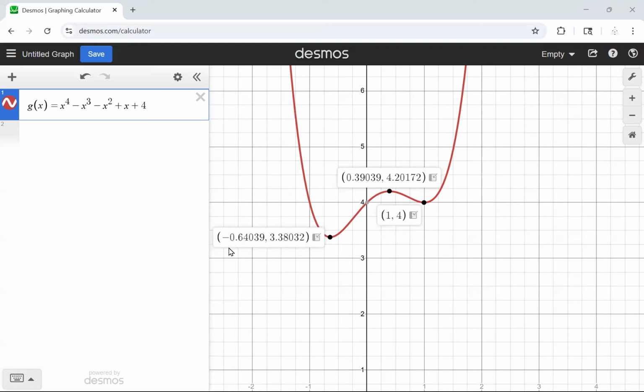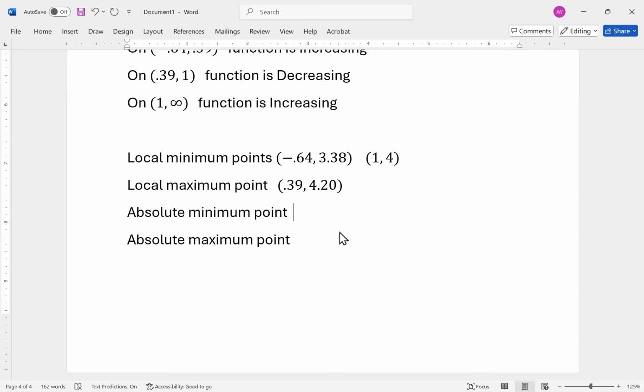It's at this point of negative 0.64, comma 3.38. Let me write that down as well. As stated, the absolute minimum point is negative 0.64, comma 3.38.